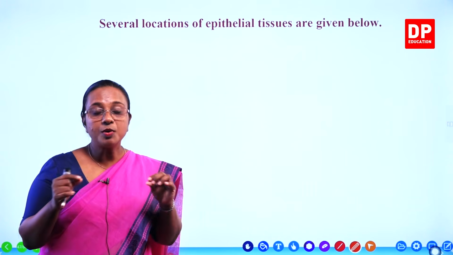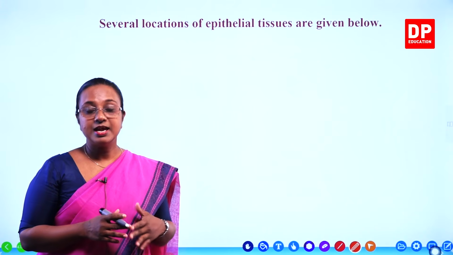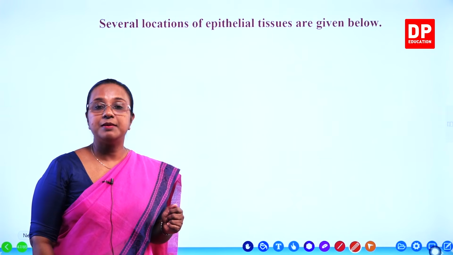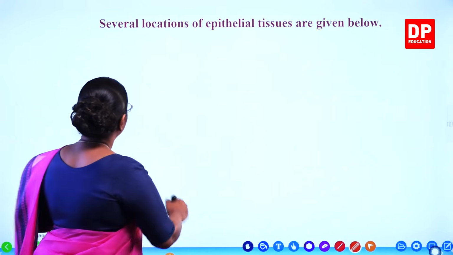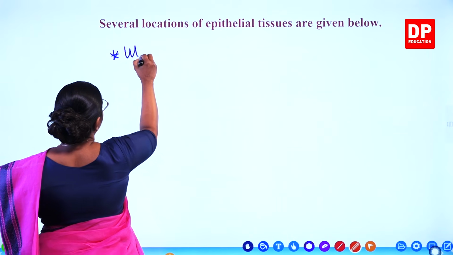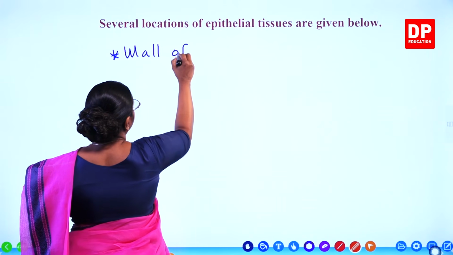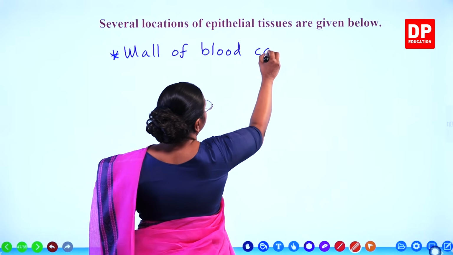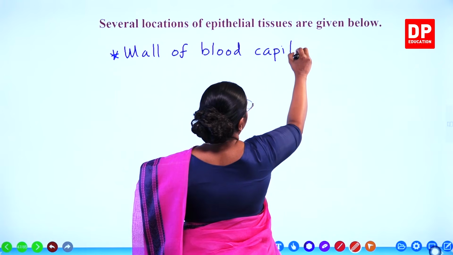They are the smallest blood vessels present and the walls of these capillaries are made up of epithelial tissue. So the first location is the wall of blood capillaries.